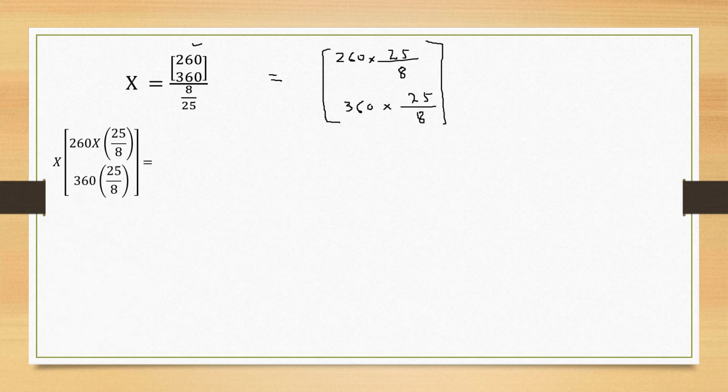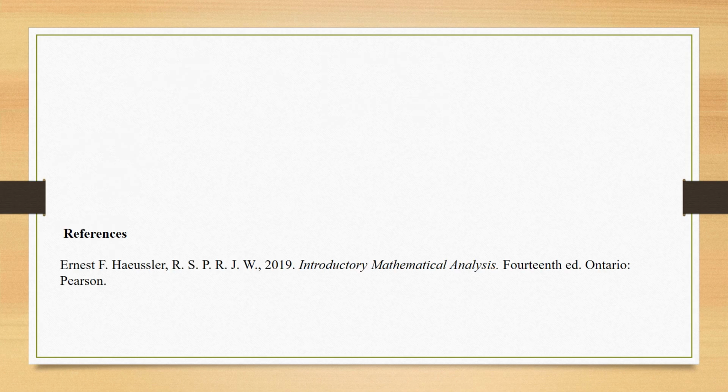After this calculation, 260 multiplied by 25 by 8, X is the output matrix: the first element is 812.5 and the second is 1125. My dear student, thank you very much, and take care of yourself.